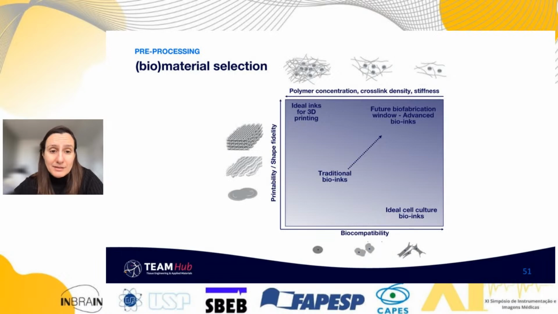And printability and shape flexibility, of course: the harder the material, the easier it is for you to have the shape hold. But again, that's not what the cells like most of the time.